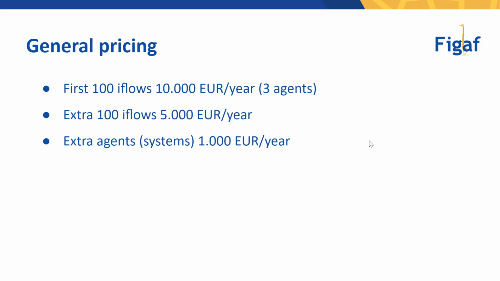And if you get more than 500 iFlows, let's talk. But I guess this will give you an idea about where we are. So it is not really expensive in those terms because of all the business value that it will create and the time it will save you on your governance approval processes.